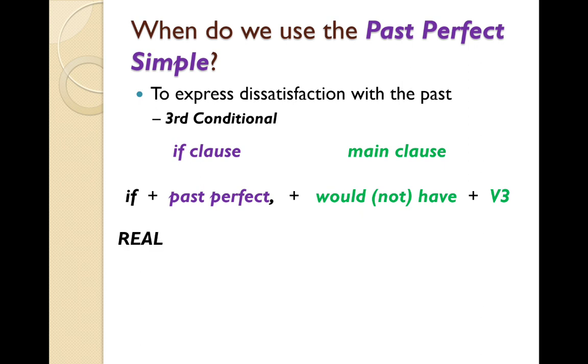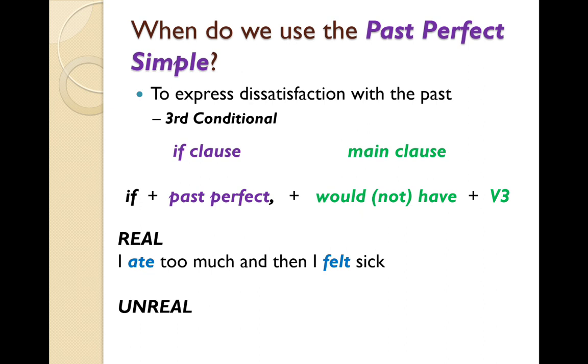Now, we have a real situation. I ate too much and then I felt sick. This is the reality, and it's not a very good reality. So we imagine or dream an unreal situation, which we would prefer over the real one.